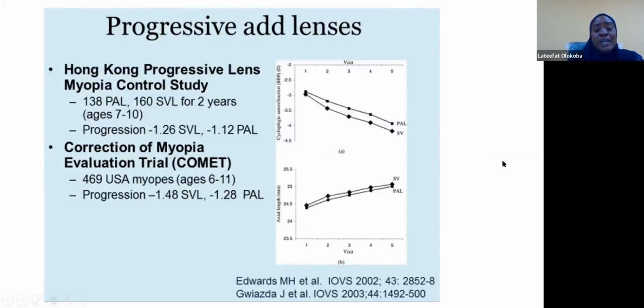And these studies have shown that when a child is given progressive add lenses, as compared to a child that is given conventional single vision concave lens for myopic correction, the progression of myopia is effectively reduced as compared to the children that are given the single vision lenses. However, the reduction in myopia progression is not clinically significant between the two groups of patients, those that are on progressive add lenses and those that are dispensed with the single vision lenses.